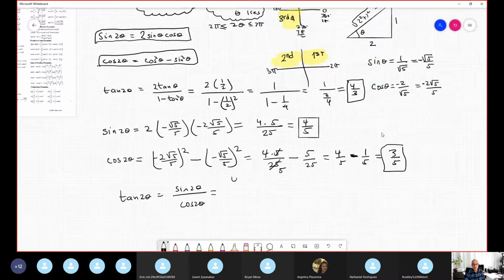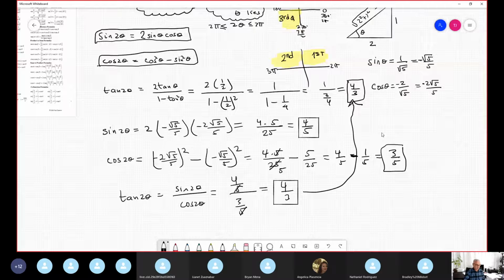Sine is 4/5 divided by 3/5. The 5s cancel out, 4/3. Exactly the same answer. Okay, our double angle lies in the first quadrant, and everything is positive.